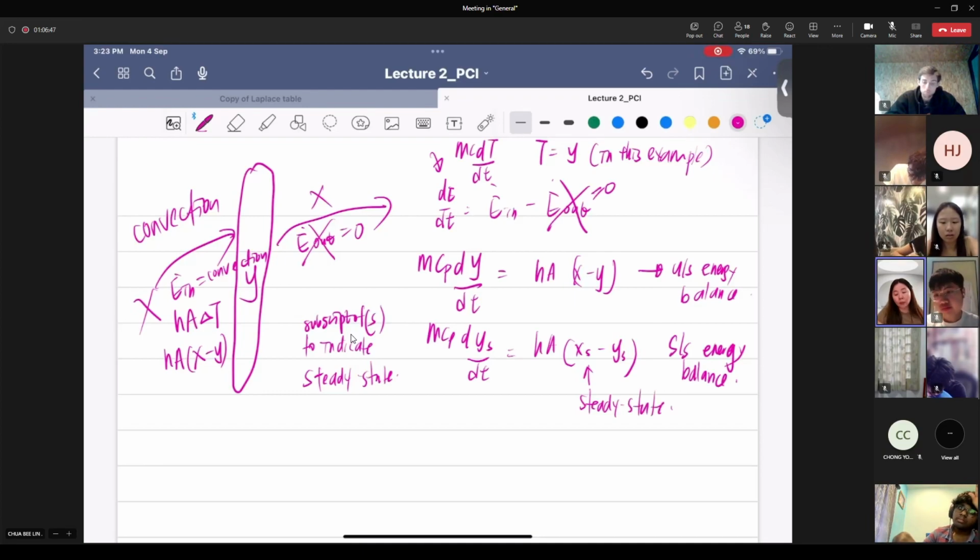Because you are solving this example using the transfer function method, you have equation 1, equation 2, so you are getting the deviation equation.